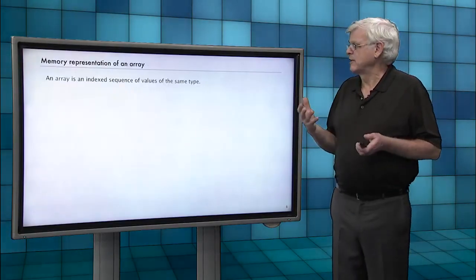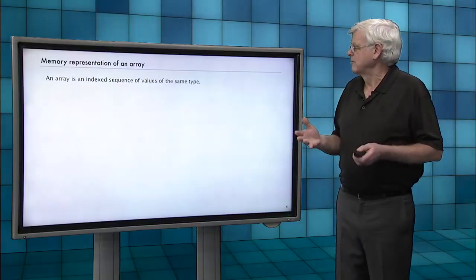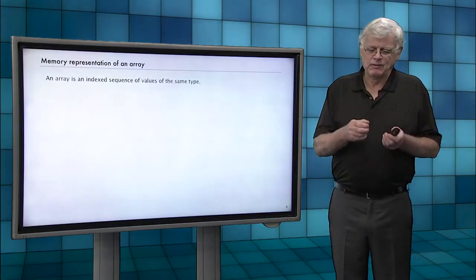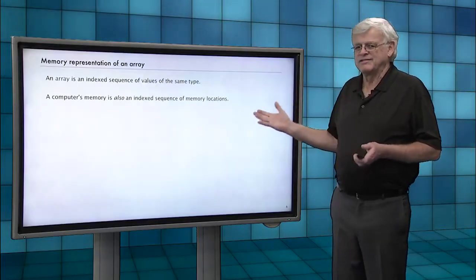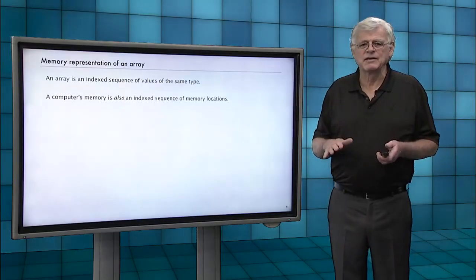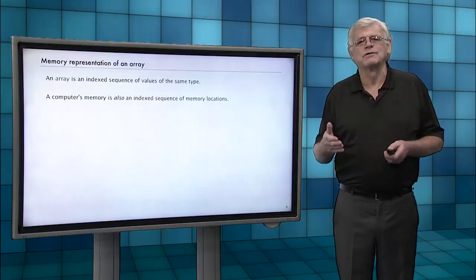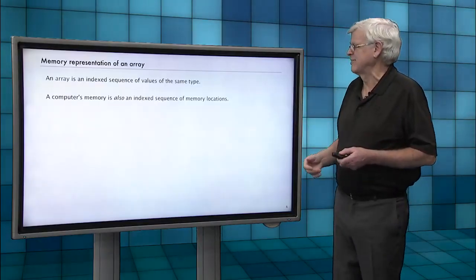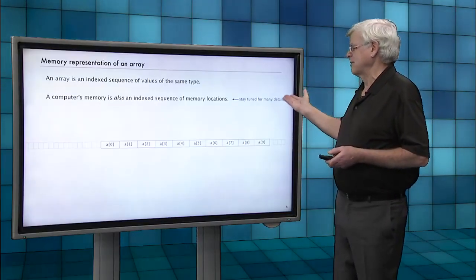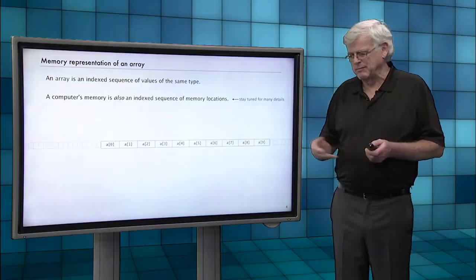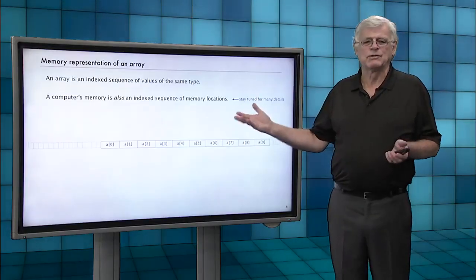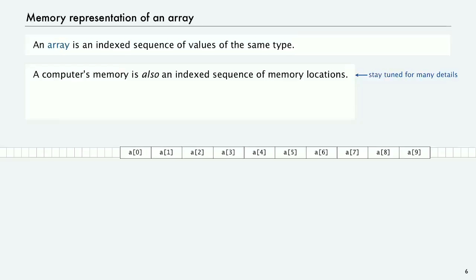So what does an array look like in the memory of your computer? Well, since an array is a sequence of values of the same type, it makes sense to take advantage of the fact that the computer's memory is also an indexed sequence of locations. We'll talk about this in a lot more detail later on, but it's easy to think of the memory of the computer as just a long sequence of locations, and we're going to store the array contiguously in the memory.